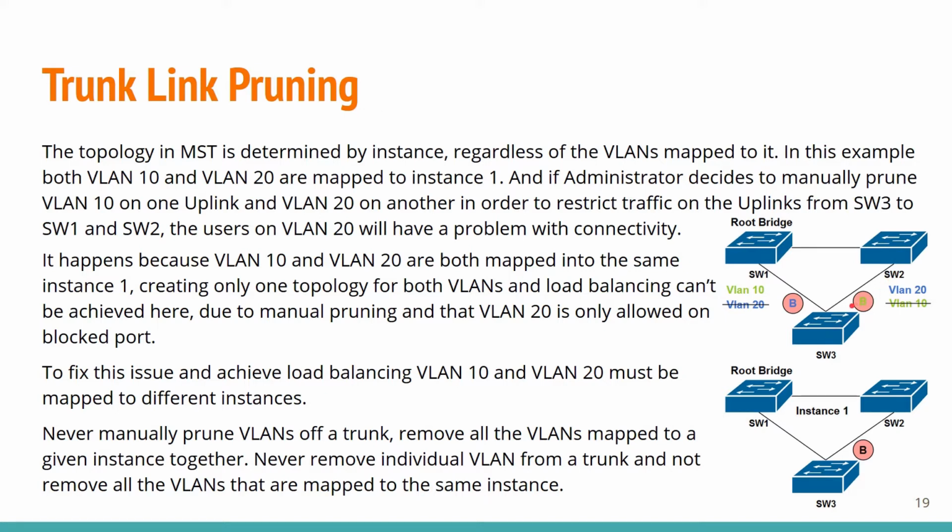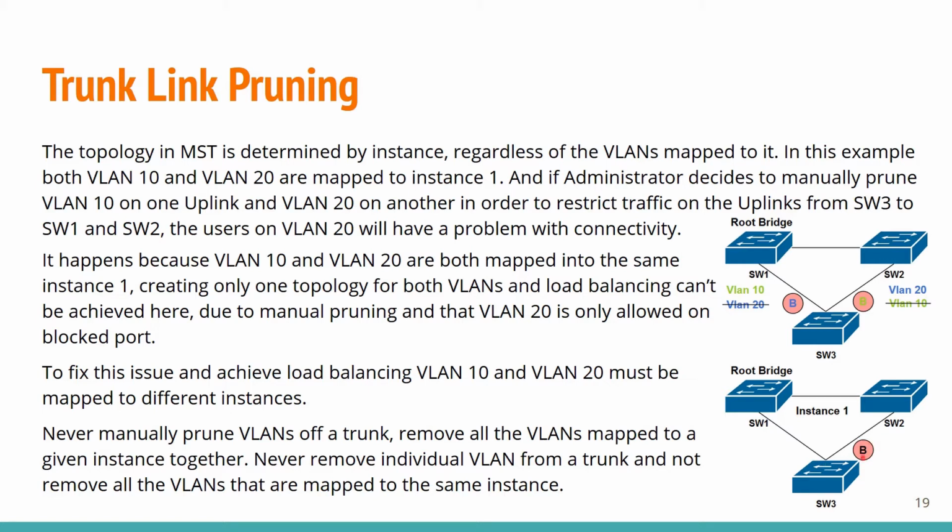So he is gonna get some kind of load balancing, but because both VLANs are mapped to only one instance, instance 1, and the topology in MST is determined by instance, we have the following logical topology where the uplink from SW3 to SW2 is blocked.